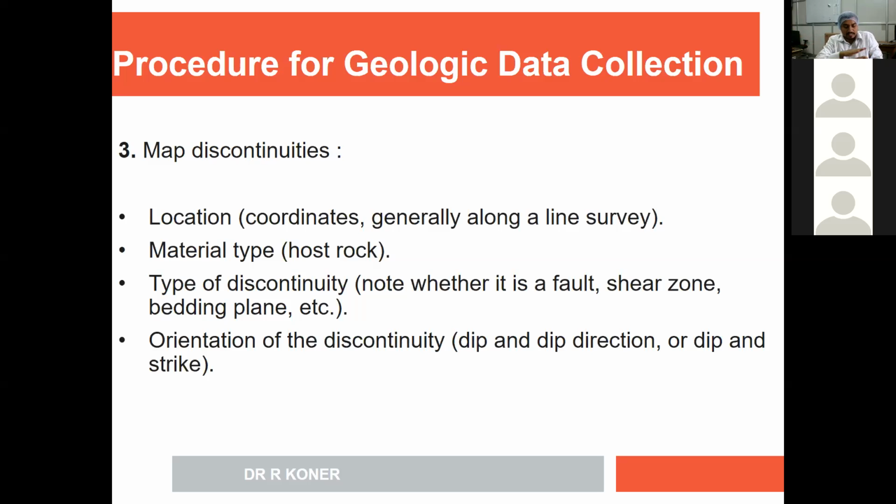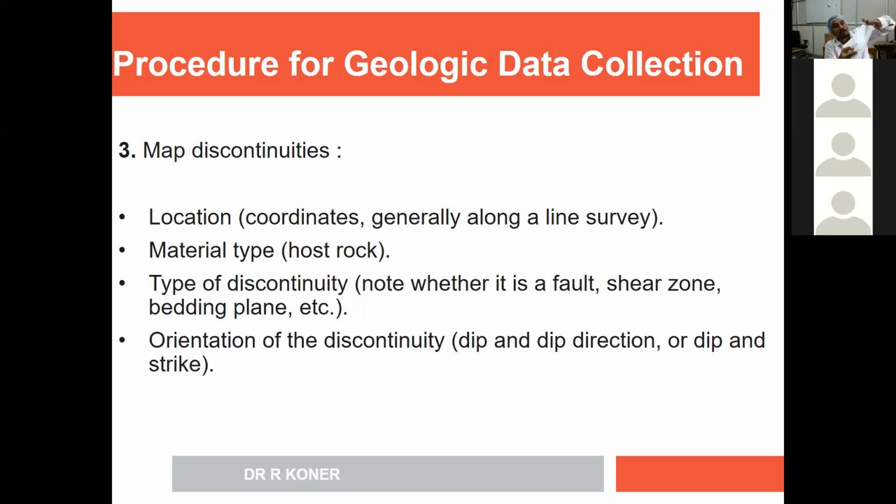After knowing that it is a joint, you have to measure the dip and dip direction, or dip and strike. What is dip and strike? You already know. So, suppose this is a plane you observe. This is the dipping side, perpendicular to the strike.